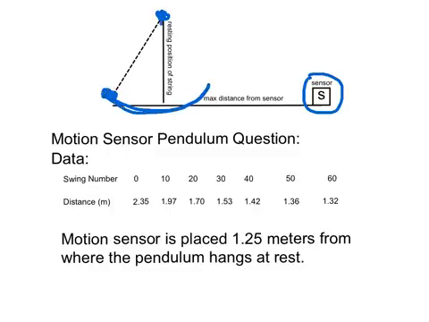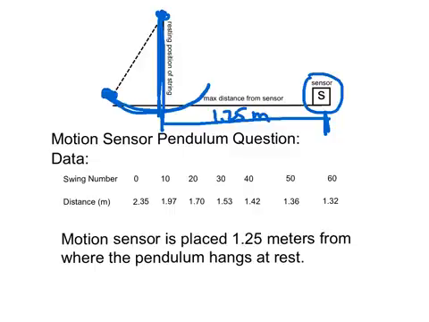The resting position is here. And I do know that the distance from the motion sensor to the resting position of the string is 1.25 meters.